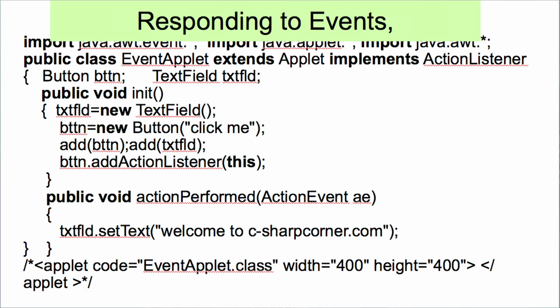So, we have only one button. If any action happens on that button, the actionPerformed function will be executed, and inside this function there is only one statement: txtfld.setText. It refers to the text field which we defined in the init method and added in the init method.